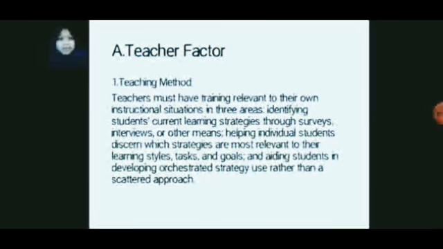First is identifying students' current learning strategies through surveys, interviews, or other means; helping individual students discern which strategies are most relevant to their learning styles, tasks, and goals; and aiding students in developing orchestrated strategies rather than a scattered approach.